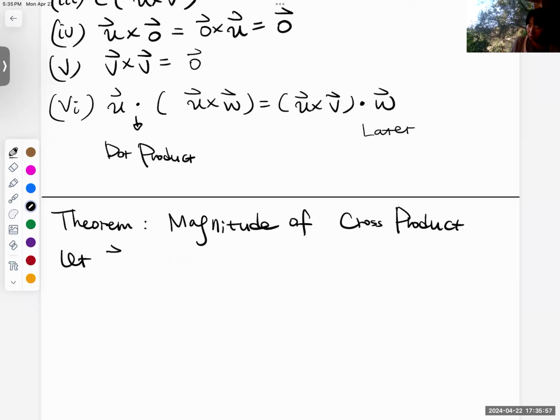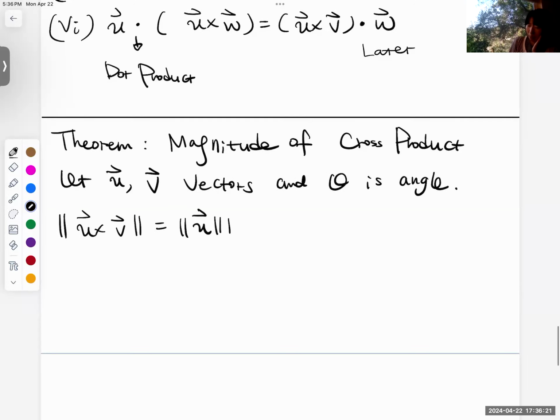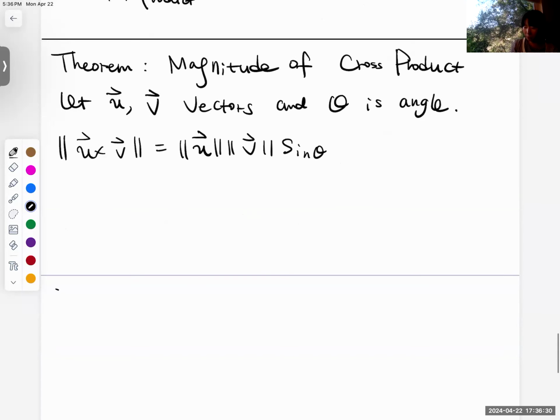So let U, V be vectors, and theta the angle. So we denote the magnitude of the cross product using the double line, right? Then magnitude of U, magnitude of V, and sine theta. Okay, let's use this one.